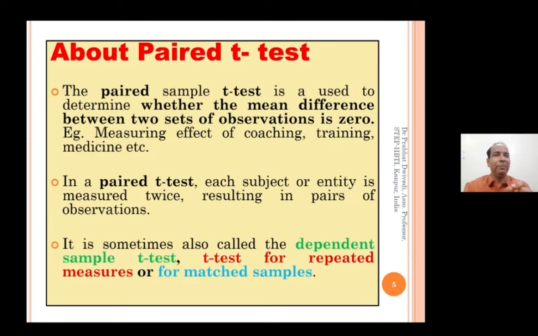So every subject, every respondent is measured twice. That means for Ravi we have paired values, for Reena we have paired values. And interestingly, this paired t-test is known as the dependent sample t-test, t-test for repeated measures, or t-test for matched samples, apart from the paired t-test.